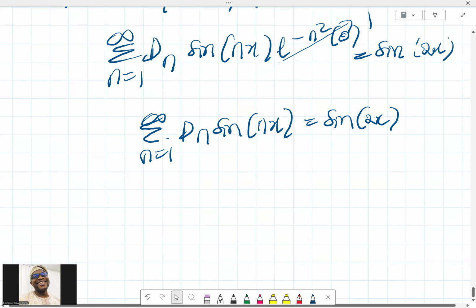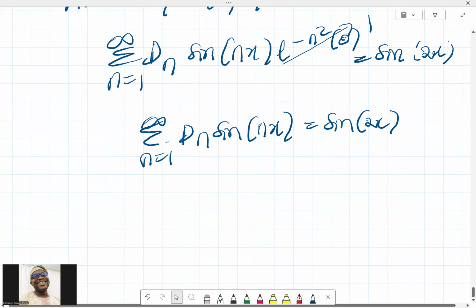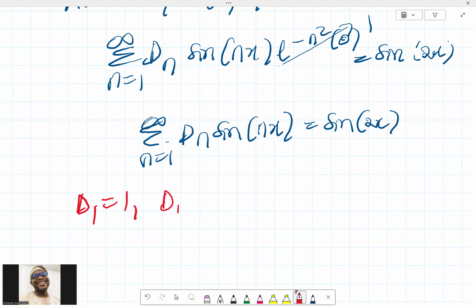So if we drill down, we take d2 to be equal to 1 and dn to be 0 for n not equal to 2.